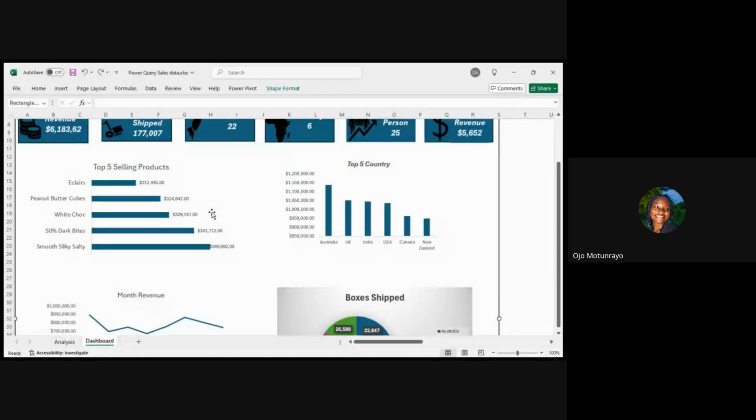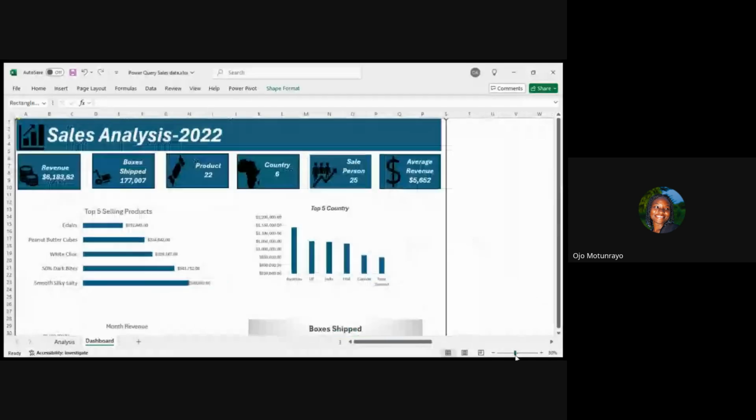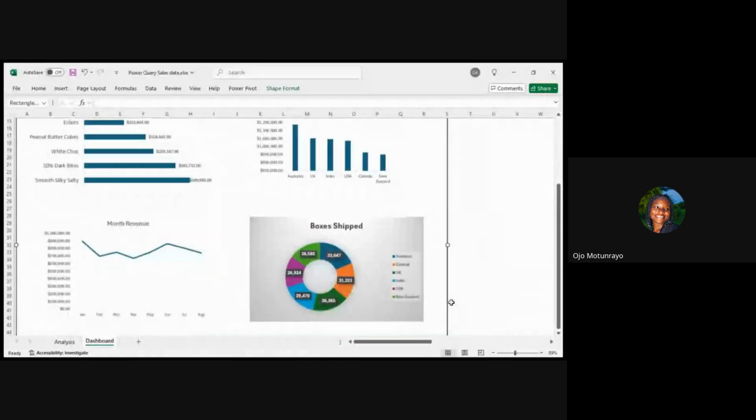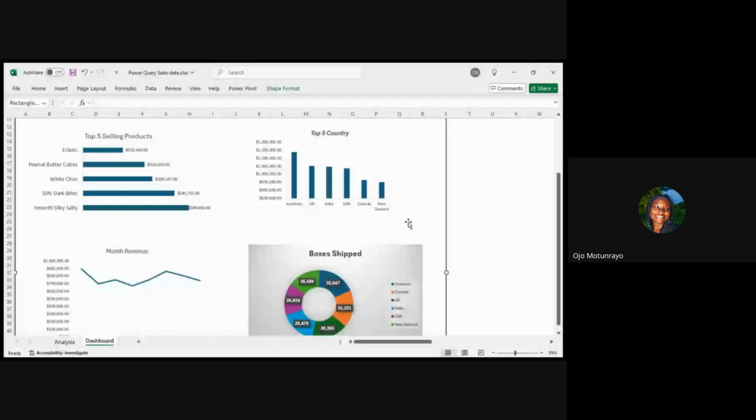There are times I draw it on a sheet of paper and say, this is what I want my dashboard to look like. If you want to screenshot this, it might be a whole lot, except maybe you zoom it out, and then the figures will not be visible. So you need to work on that. But I love your choice of colors. Anyway, well done.